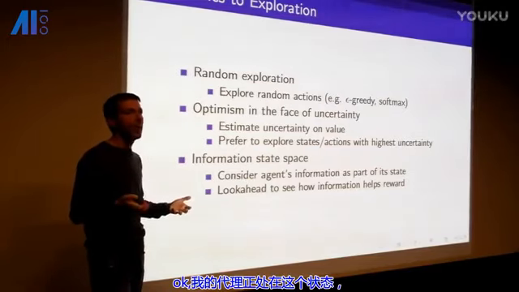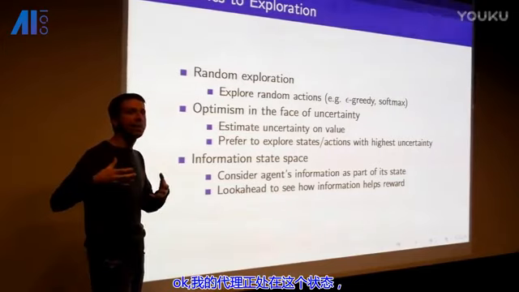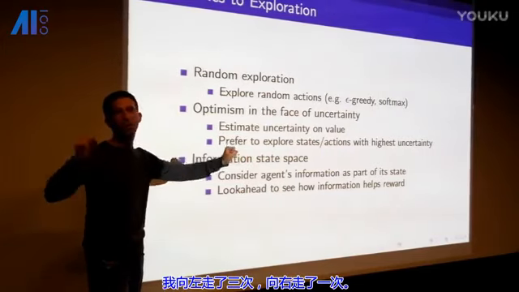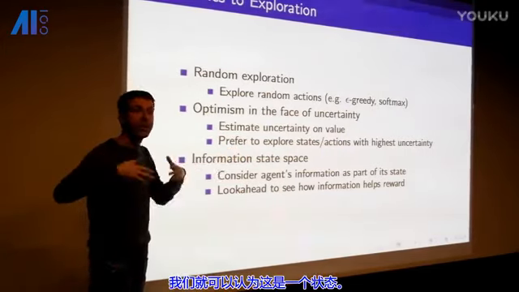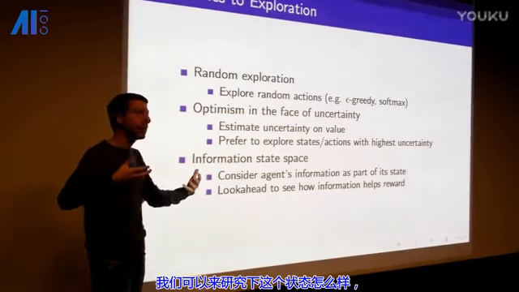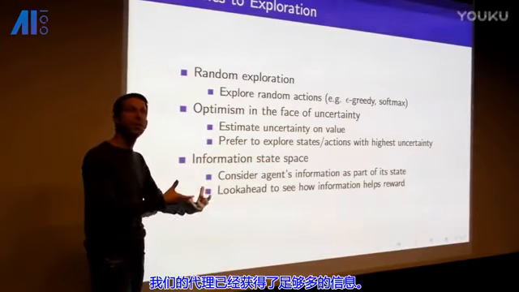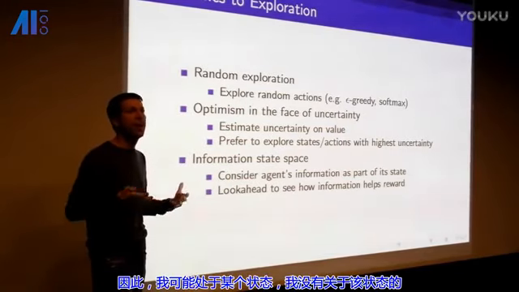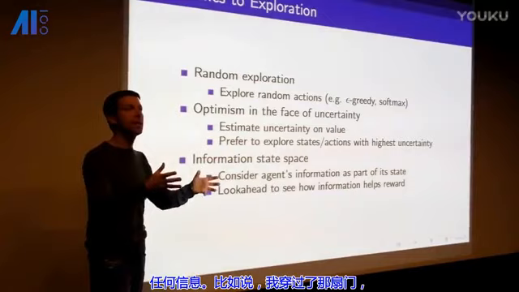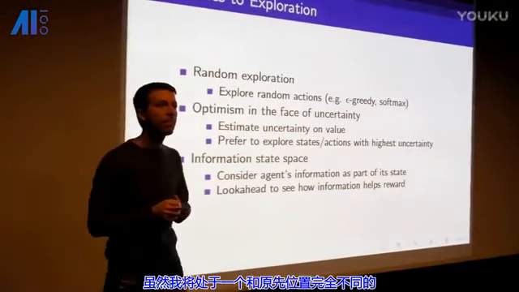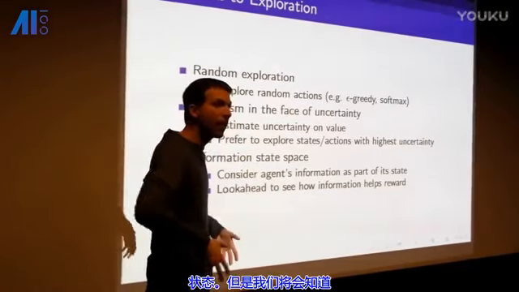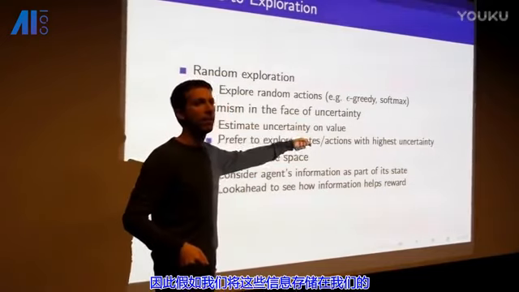So it's like, I'm in a state where I have tried left 3 times and I've tried right 1 time. That's a state now. We can ask how good is it to move into states where the agent has accumulated information. I might be in a state where I've never seen what's beyond that door over there, and that's a very different state to being in the same place but knowing what's beyond that door over there.